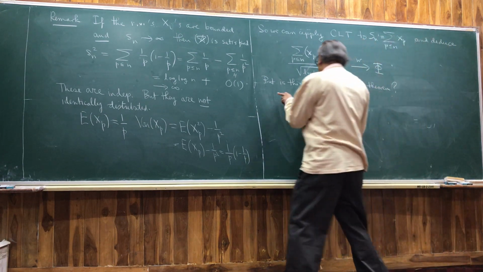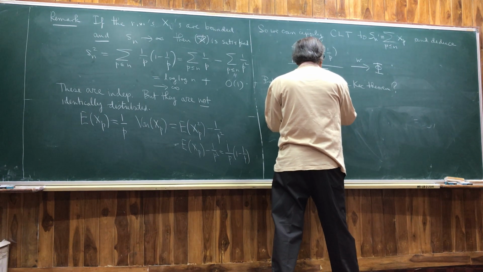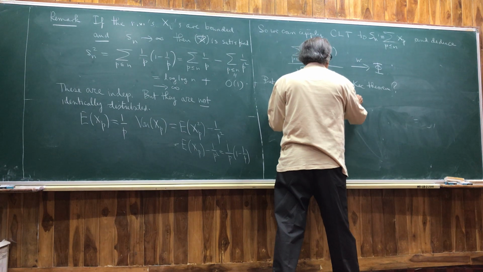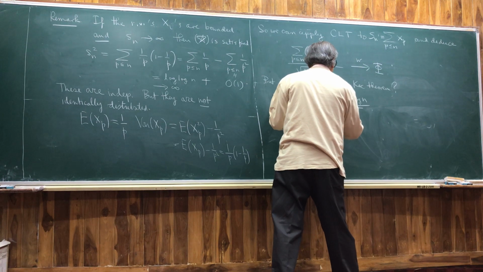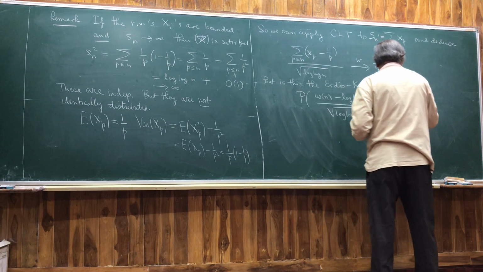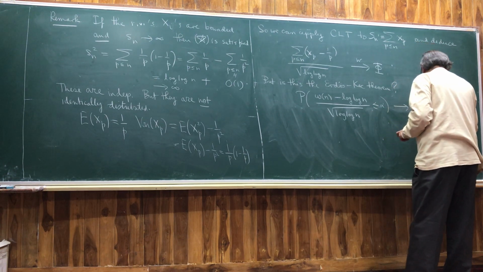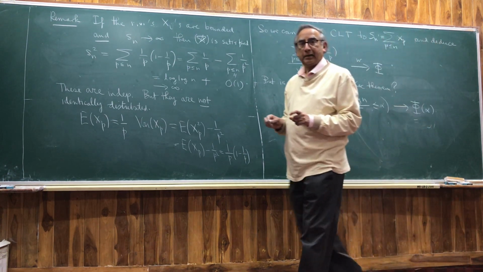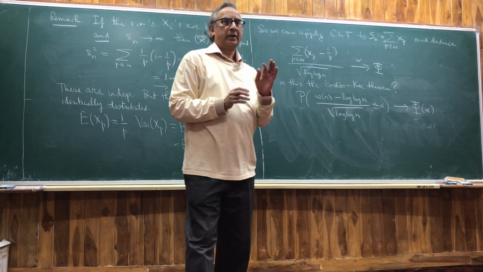It's that the probability of omega n minus log n, divided by the square root of log n, at most alpha, tends to the normal distribution function. That's the theorem. But this theorem is doing a funny thing.